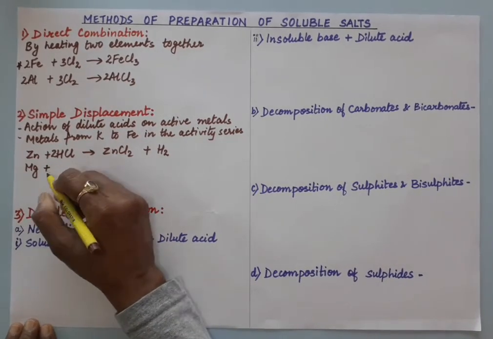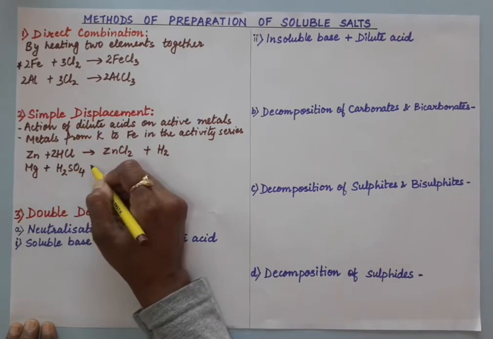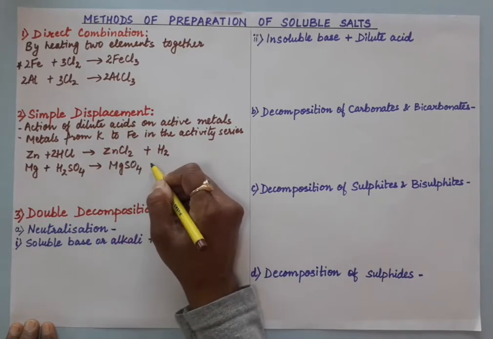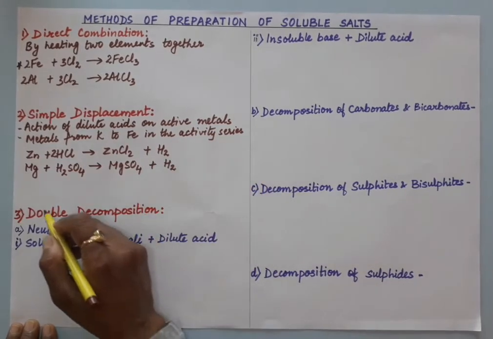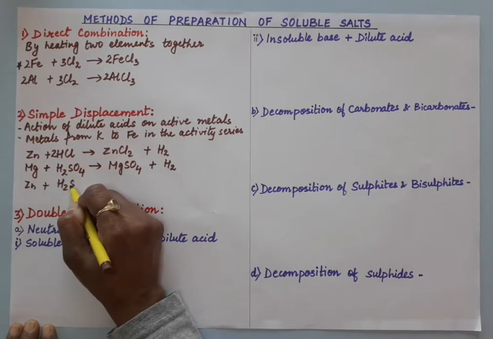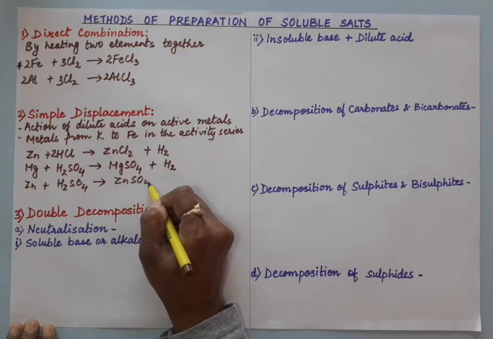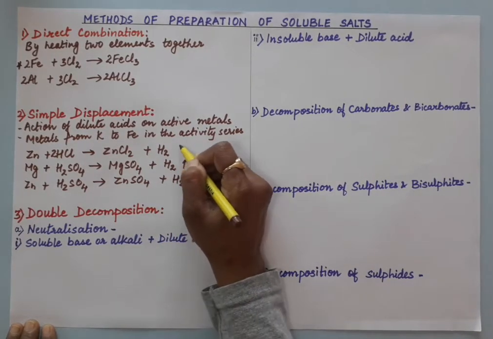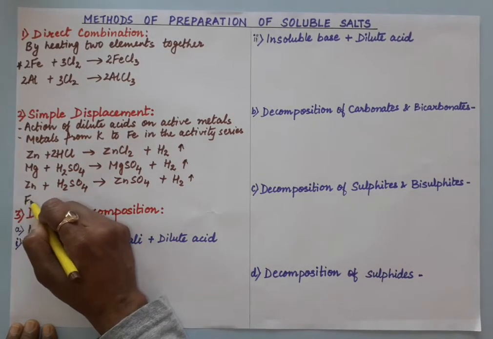All these react smoothly with dilute acid and we get soluble salts like magnesium sulfate, zinc chloride. If we take sulfuric acid, zinc plus sulfuric acid gives ZnSO4 plus hydrogen gas, which liberates, and then after removing impurities we can crystallize the salts.